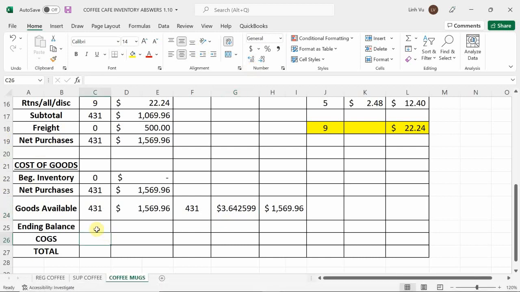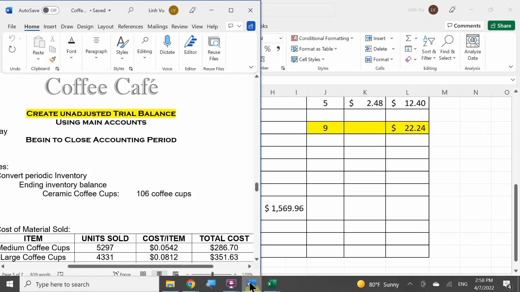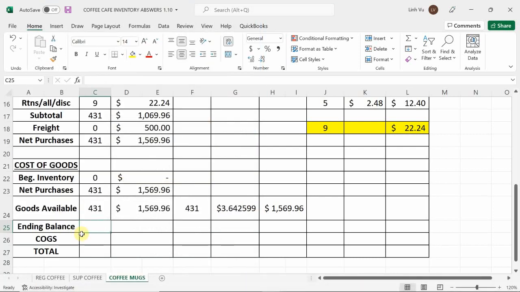So in this case, my ending balance tells me that I have a total of 106 cups left in inventory. So how many items did I actually sell? 325. Straightforward.